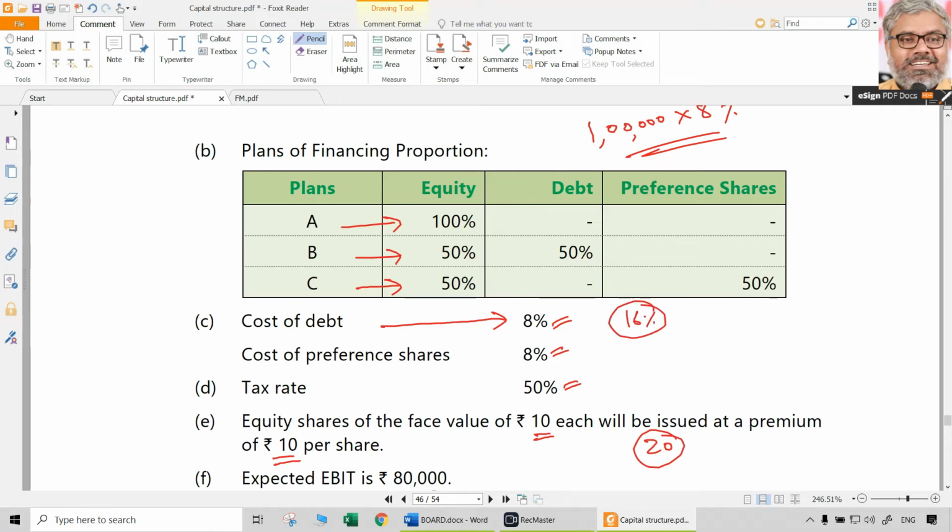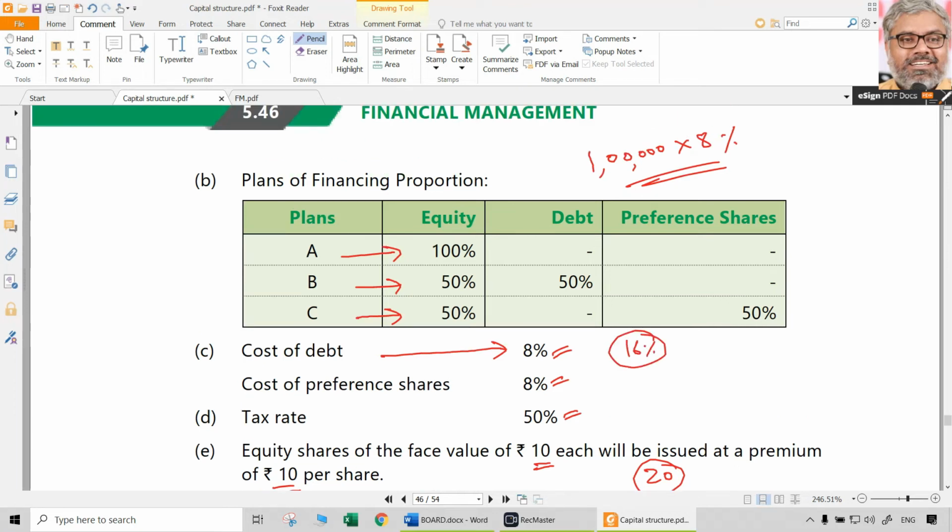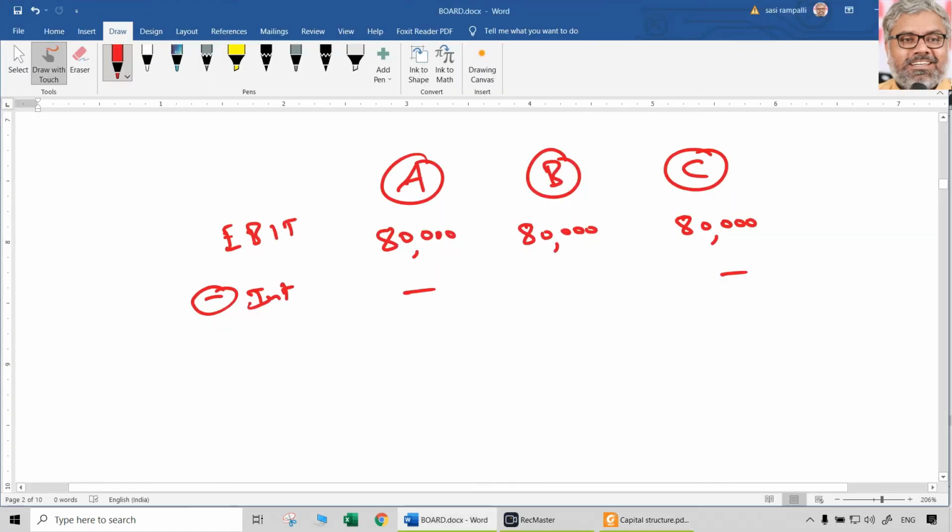That is also okay. Either way it can be taken, because if it is interest rate, it should have been given as interest rate normally, not cost of debt. Either way it is okay. So we can choose any of them. Just let us take a plain interpretation. Cost of debt is interest rate, not an after tax cost of debt and all that. So 8% only we are taking. 1 lakh into 8% means 8,000 rupees.